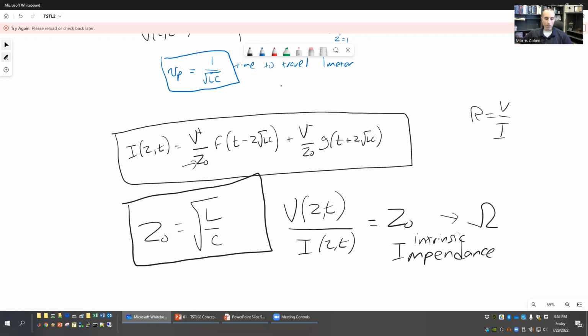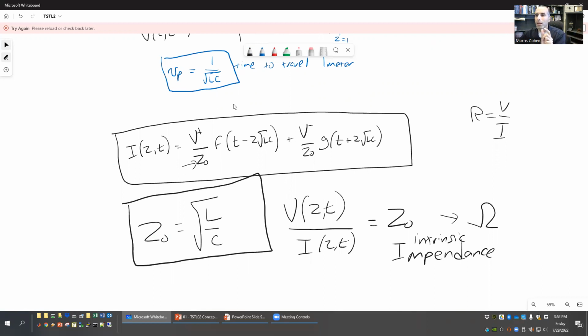Now, let's look at this qualitatively because it kind of makes sense that L and C work the way they do. Think about if the inductance were really, really big and the capacitance were really small. Remember, the inductor is what's going to convert voltage into current, and the capacitor converts current back into voltage. So if the inductor is really big, that means you put in a giant voltage, but you only get a really small amount of current.